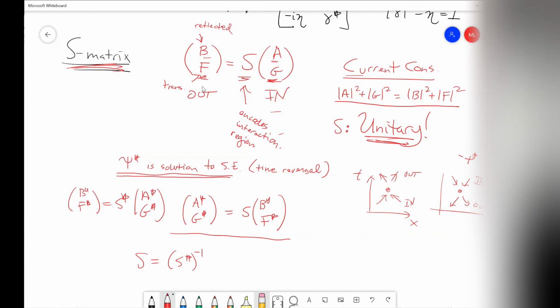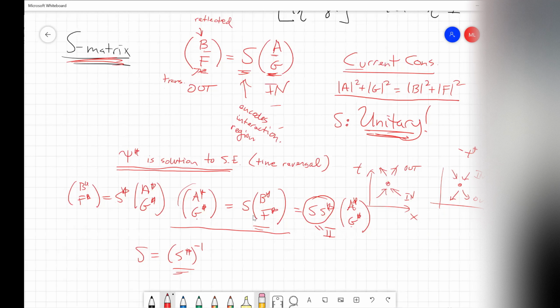Because if I substitute in for B star, F star here, I would get S star S times A star, G star. So this thing must take A star, G star back to A star, G star. So this has to be equal to the identity. So the only way that will work is if S star is the inverse of S.